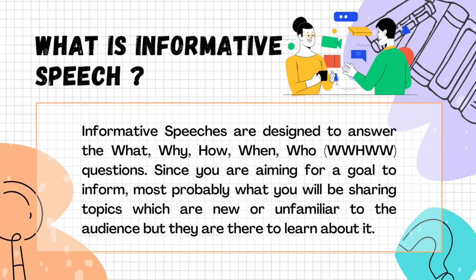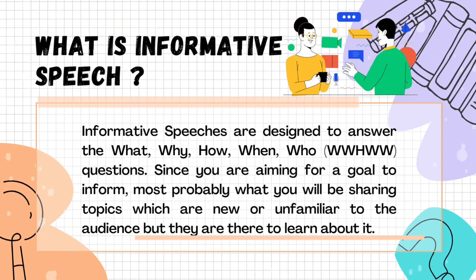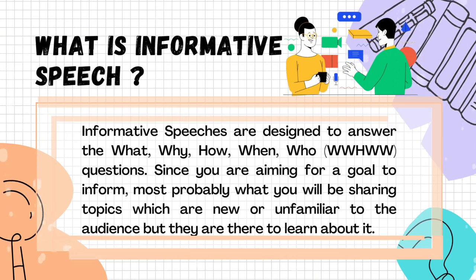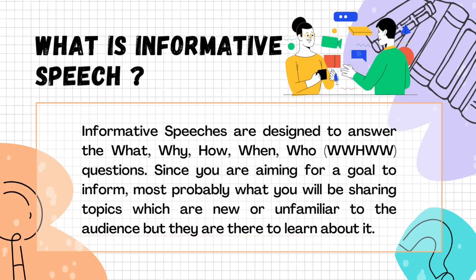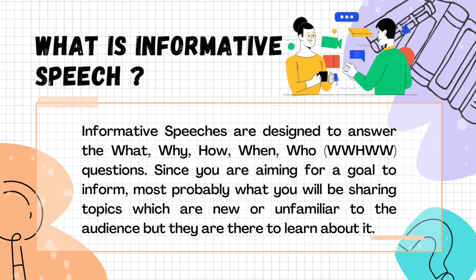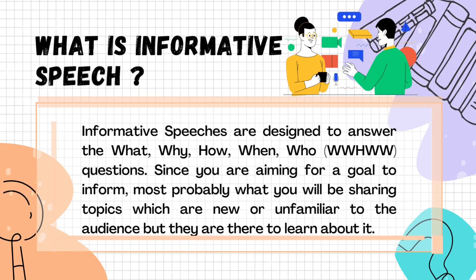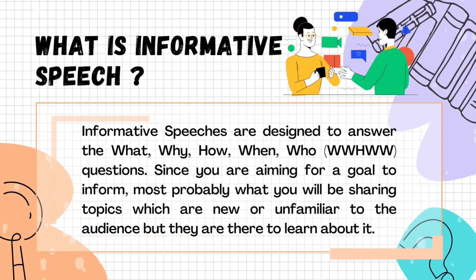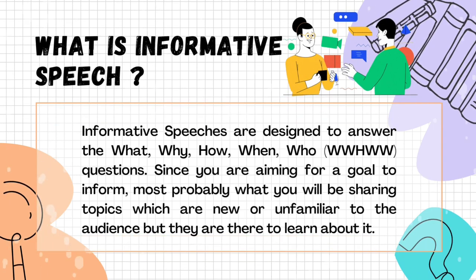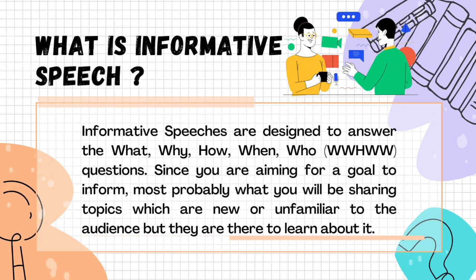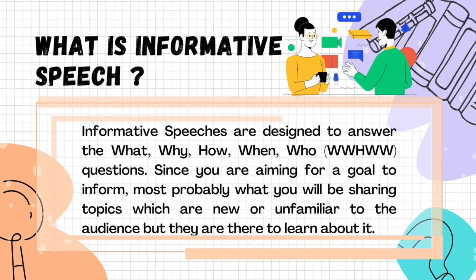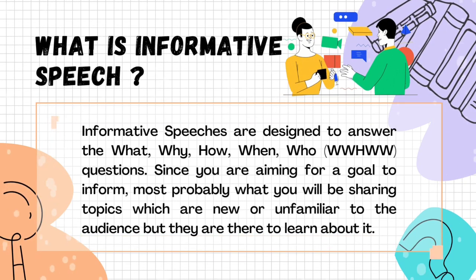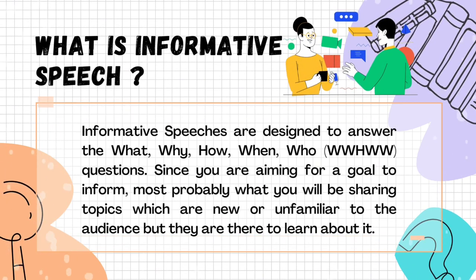For instance, a speech on technological advancements might delve into the reasons behind innovations, their applications, and their impact on society. Informative speeches cater to an audience eager to learn, offering new ideas and insights to enhance understanding, making them valuable tools for knowledge dissemination and audience engagement.